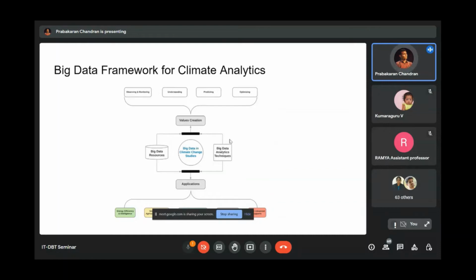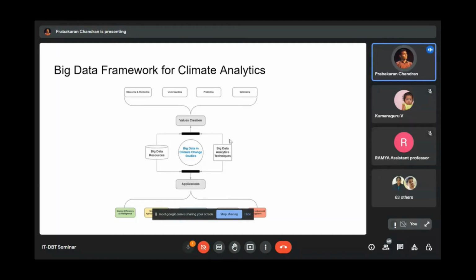So here we have a functional framework for climate analytics, which comprises two things. One is bridging the collected data to the application areas, and another one is value creation. One is we can observe and monitor the climate change, and another one is we can understand it in a particular region, and then we can predict what will happen if I do a particular thing, and we can optimize it.